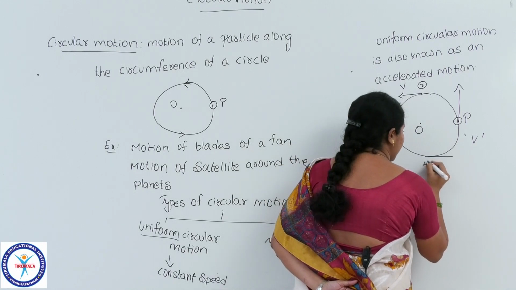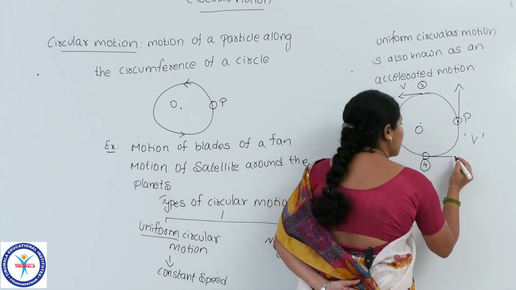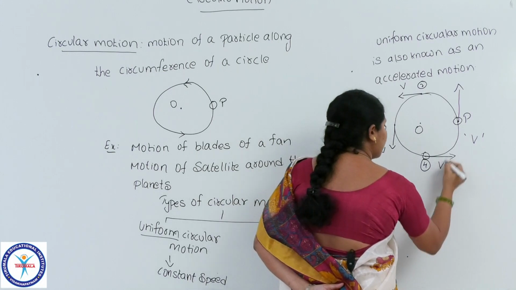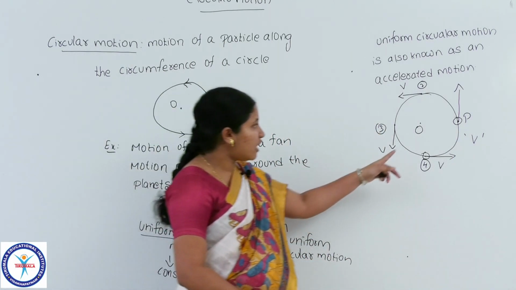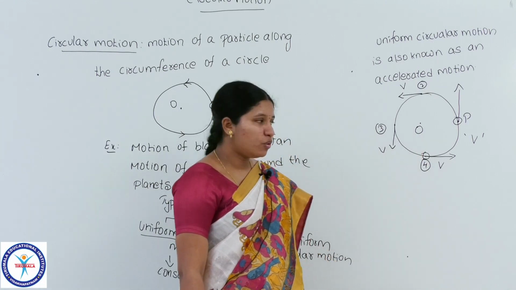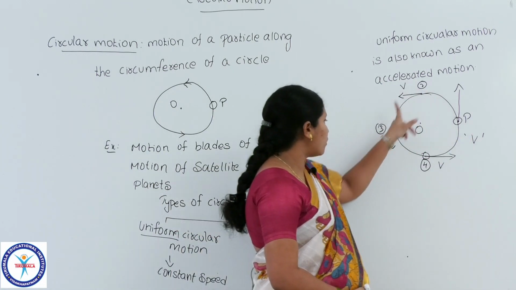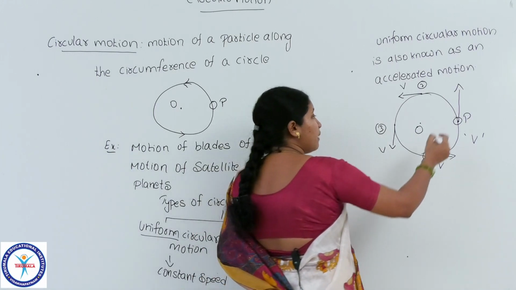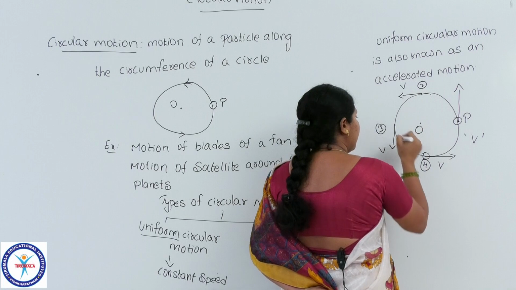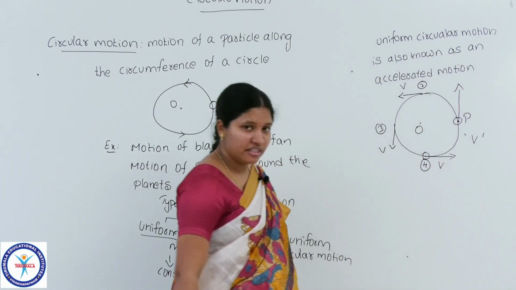Now consider point 4. Here also the direction is changing, but the magnitude of velocity is the same v. If we observe this figure, the magnitude of velocity, that is speed, is constant, but the direction is changing continuously.